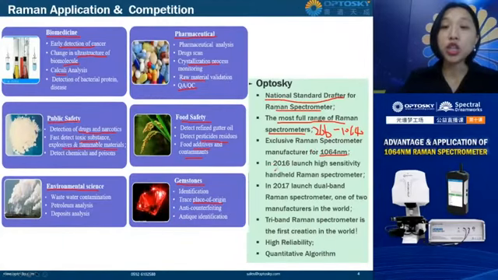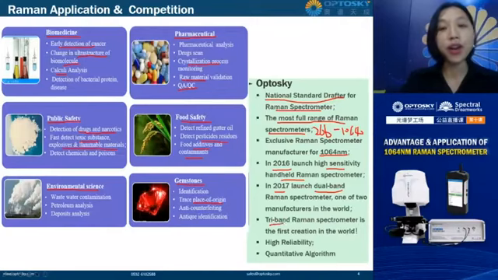As early as 2016, we launched the first high-sensitivity handheld Raman spectrometer, which paved the basis for our handheld Raman spectrometer development. The next year, we launched the dual-band Raman spectrometer, and we are one of only two manufacturers in the world so far.